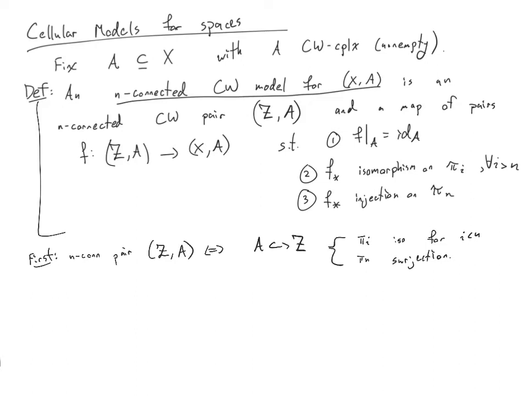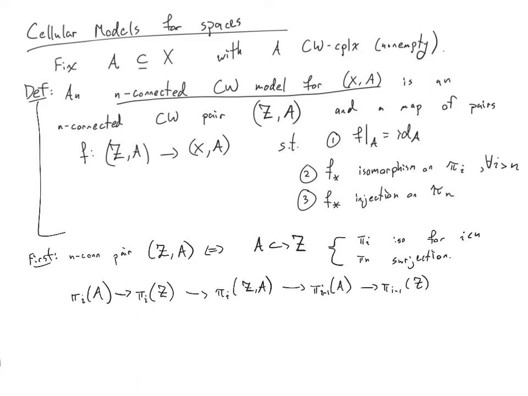This is coming from the long exact sequence of the pair, because I've got pi i of (Z, A). These are the groups which, by n-connectedness, are trivial in degrees up to and including n. And then the connecting map goes to pi i minus 1 of A, then pi i minus 1 of Z, etc. And coming from over here, we've got pi i of Z, pi i of A. So here's the long exact sequence associated to the pair in homotopy groups.